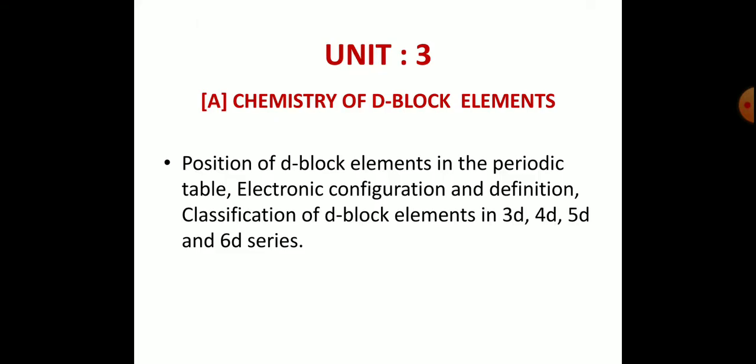Let's repeat unit 3. In part A, chemistry of d block elements, the topics are position of d block elements in the periodic table, electronic configuration and definition, classification of d block elements in 3d, 4d, 5d and 6d series.